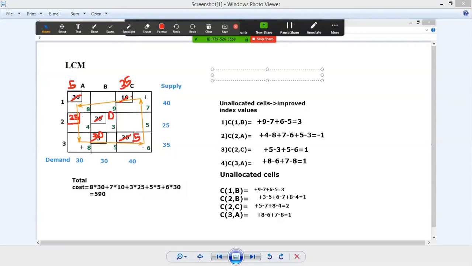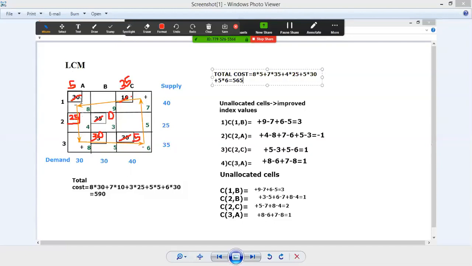Total cost is equal to 8 into 5 plus 7 into 35 plus 4 into 25 plus 5 into 30 plus 5 into 6, which will be equal to 565.